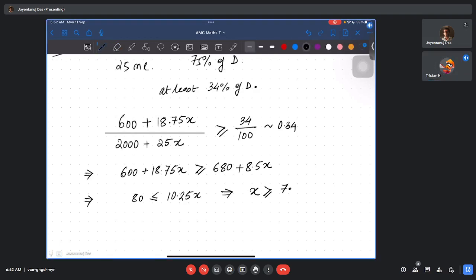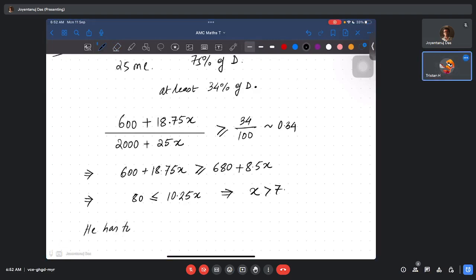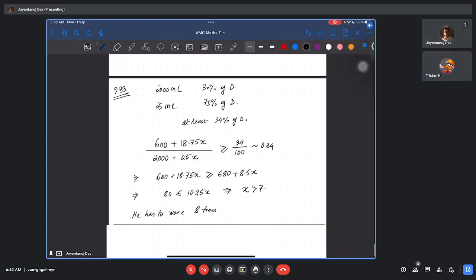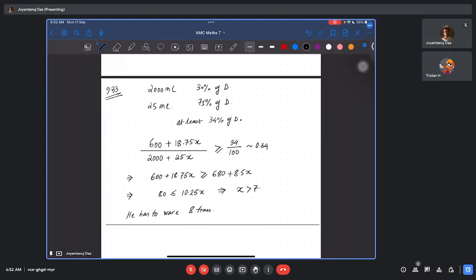So x has to be strictly greater than 7 at least, right? So what they're asking is how many times he must wave, at least. So 8 times he has to wave, right? Yes. Right. So that was 9.33.